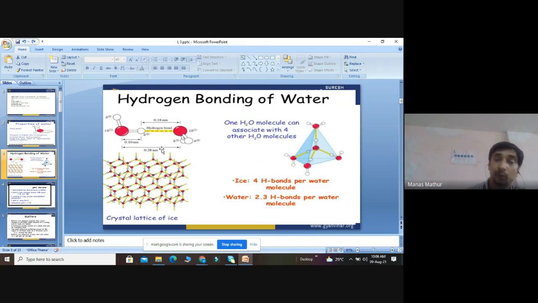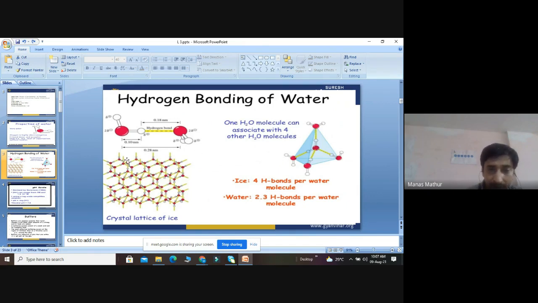We know that the solid form is ice. All of you have used ice at home. This figure shows that one water molecule can associate with 4 other water molecules, forming a tetrahedral structure.